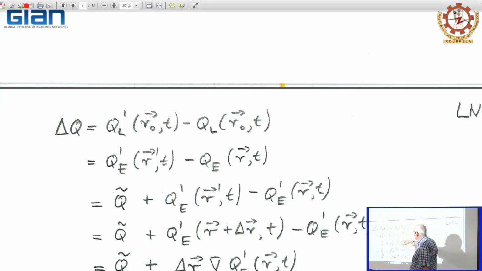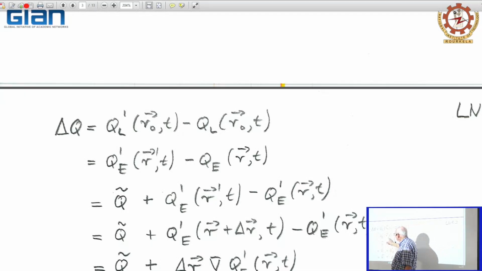Well, this can be identified now with their Eulerian counterparts. QL dash is equal to the Eulerian value once we consider that the mass element has moved in the Lagrangian sense to a new position, and in addition it is perturbed.